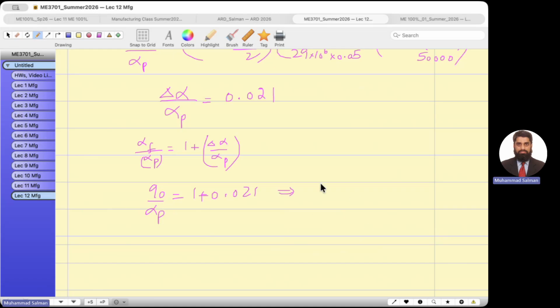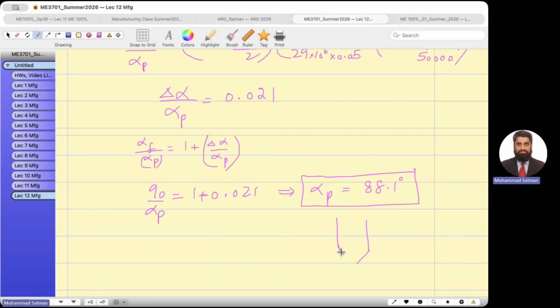That means alpha punch equals what? 88.1 degrees. It should be less than the included angle. The punch angle should be a little bit less because of the spring back in order to achieve the exact 90-degree angle of the final sheet metal bend.